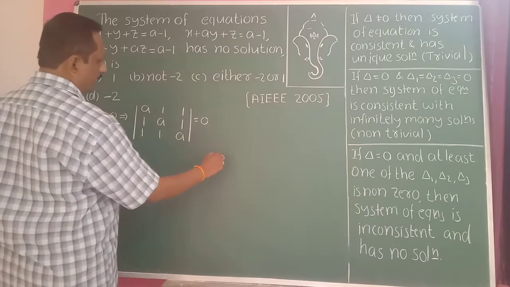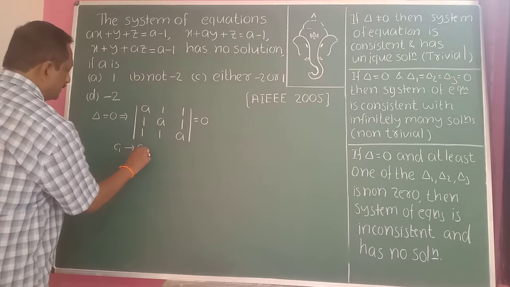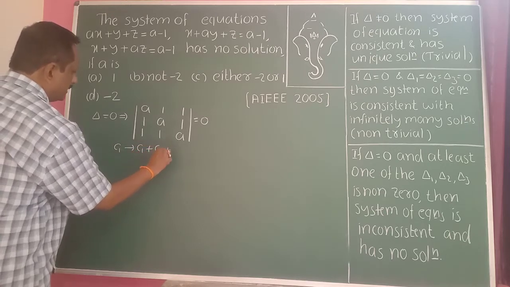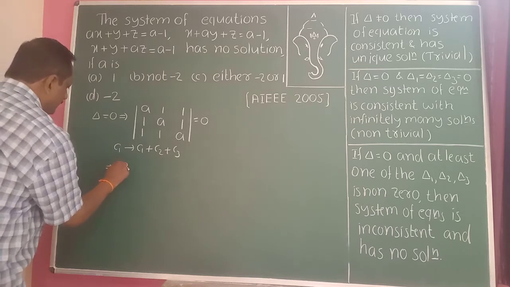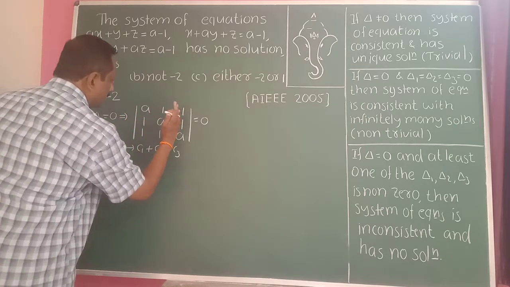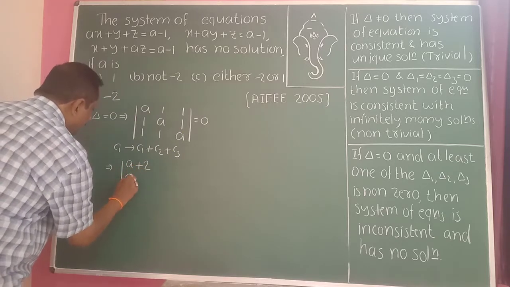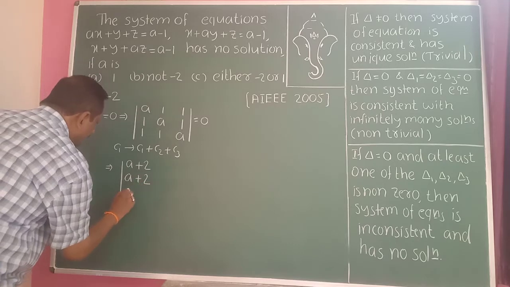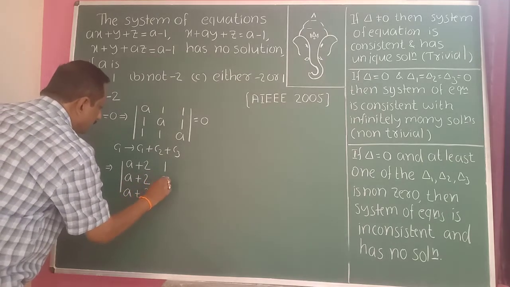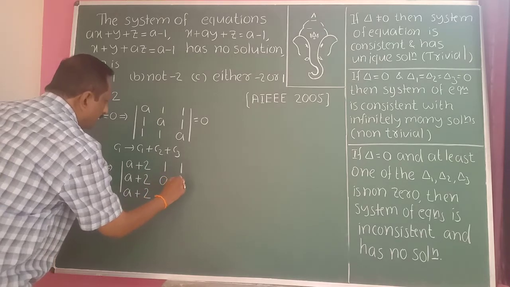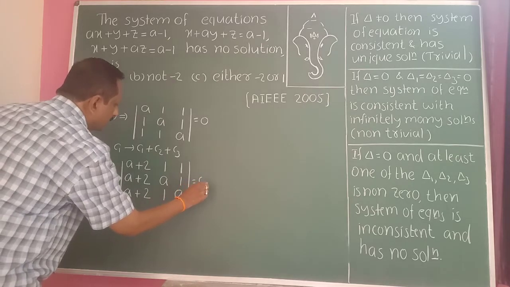Then add the columns here: C1 becomes C1 plus C2 plus C3. Therefore, this implies the determinant with the sum of these three columns, A plus 2, A plus 2, A plus 2, then 1 A 1 and 1 1 A, is equal to 0.